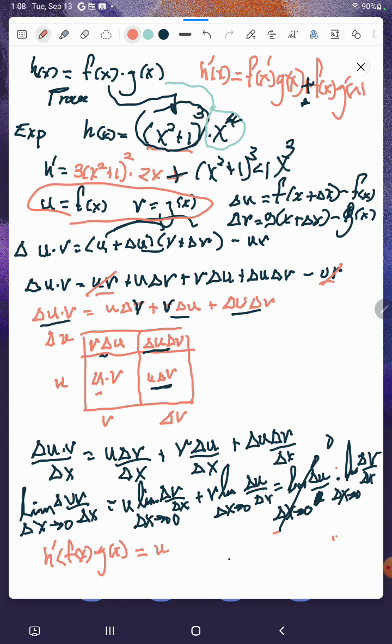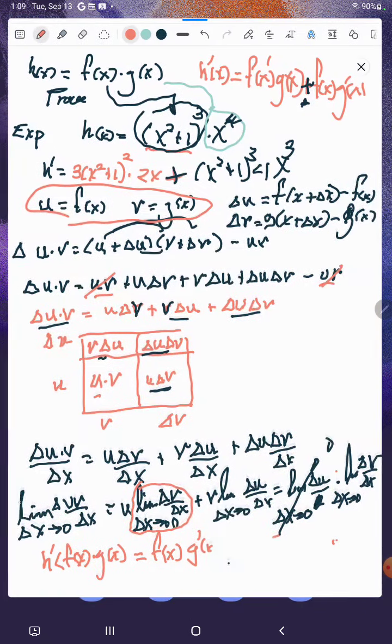I know what u is: I'm calling u f of x, remember? So let's call that f of x. And this guy v stands for g, so I can call this g prime of x, which is what this term means here. That's the definition of a derivative.